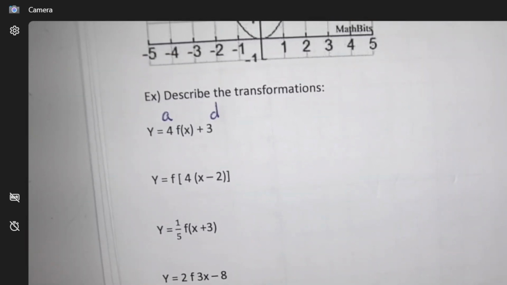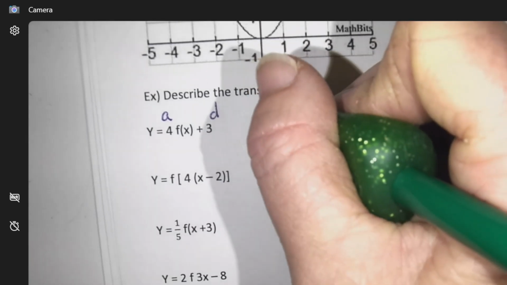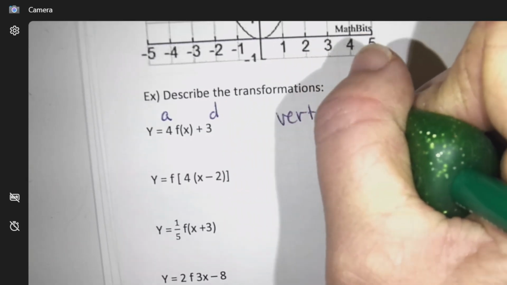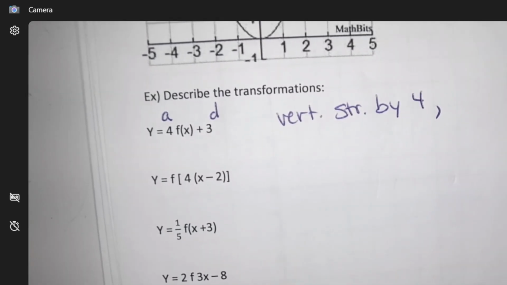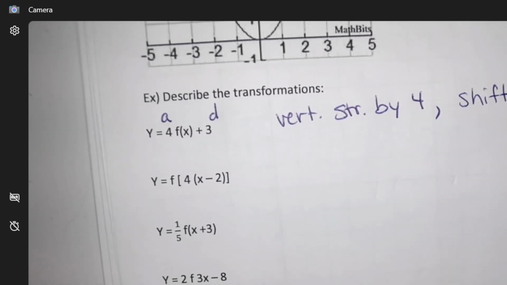You see how those line up with that original? So I'm going to write, there's a vertical stretch by 4. Just for time's sake, I'm okay with just these abbreviations, but on a test you're writing the full thing, right? Vertical stretch by 4, and then we're going to shift up 3.